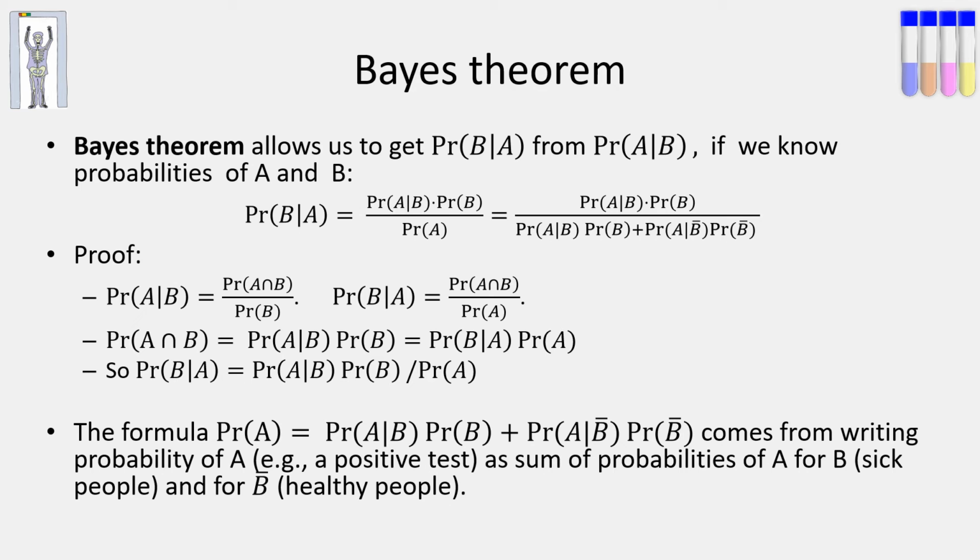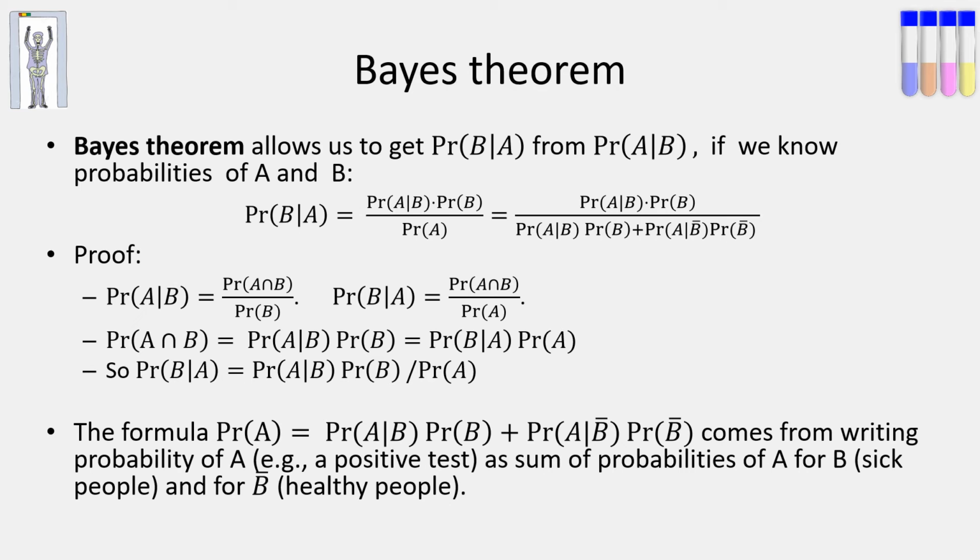So don't try to memorize Bayes' theorem. It's really hard to keep track of what you're multiplying by, what you're dividing by, but do try to remember what the definition of conditional probability is, because you can always get Bayes' theorem out of the definition of conditional probability.